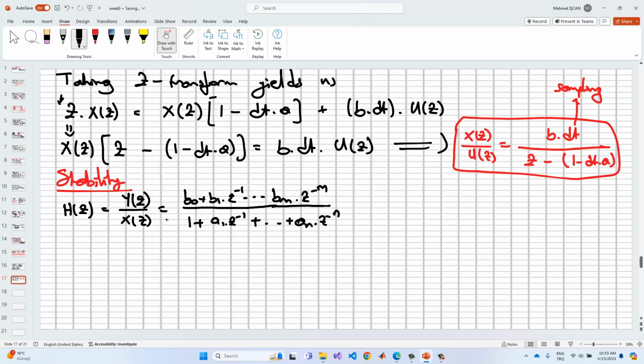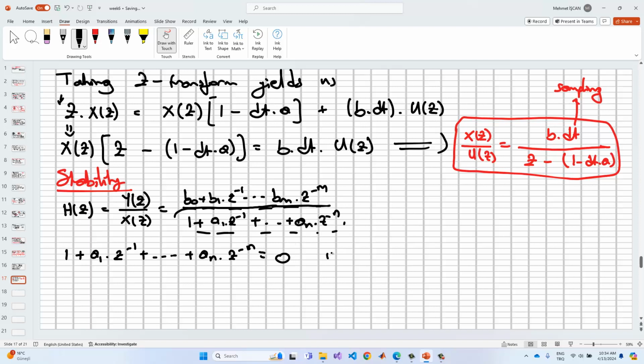Okay, and so in order to check the stability of our digital domain, we need to check the denominator of this equation, which is the characteristic equation in the discrete domain. Okay, and so 1 plus a1 z^-1 plus ... plus an z^-n should be equal to 0.